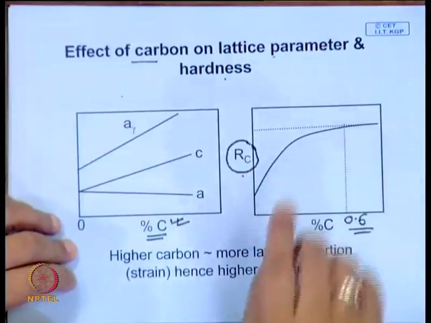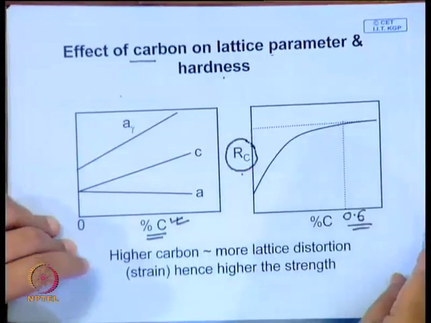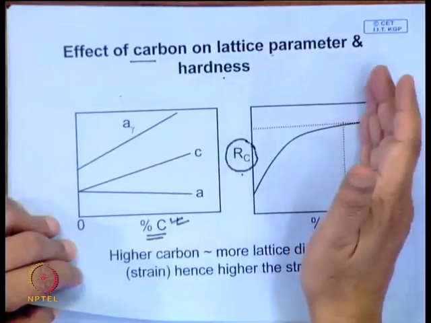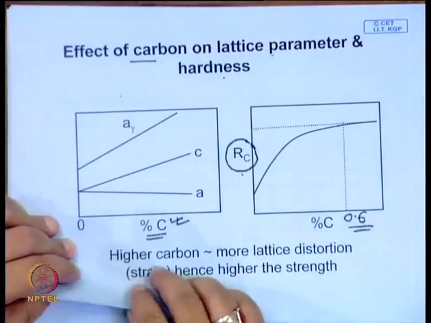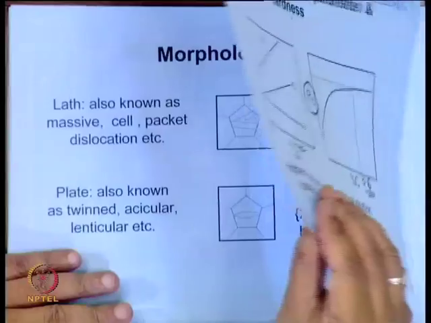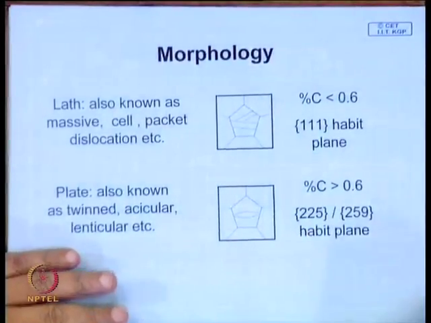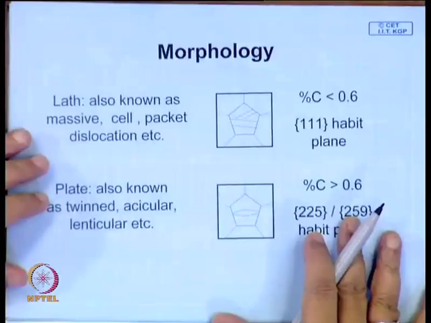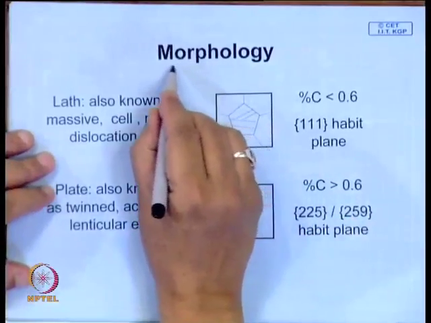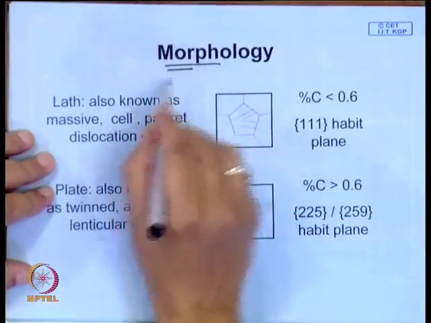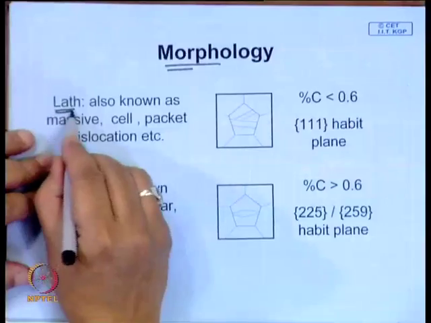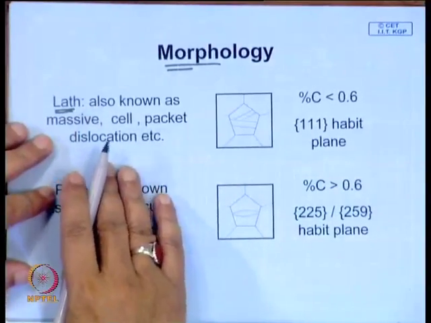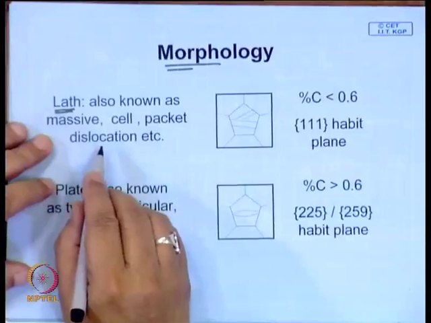So, maybe if you measure in a weaker scale, you will find that even beyond 0.6 the hardness of martensite can increase. Now, a quick look, we looked at the martensitic transformation in little detail about the crystallography, which has an effect on morphology, which is shown as, see, one class is lath, which forms because of dislocation movement or through slip.